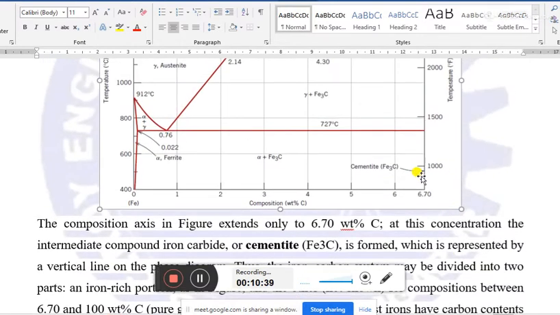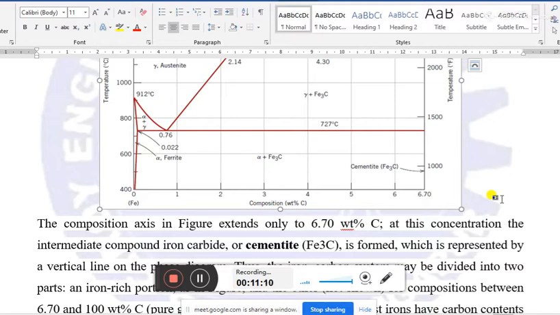That portion of the phase diagram has no importance or little importance in the characteristics of steel or cast iron, which are the important materials in our consideration.